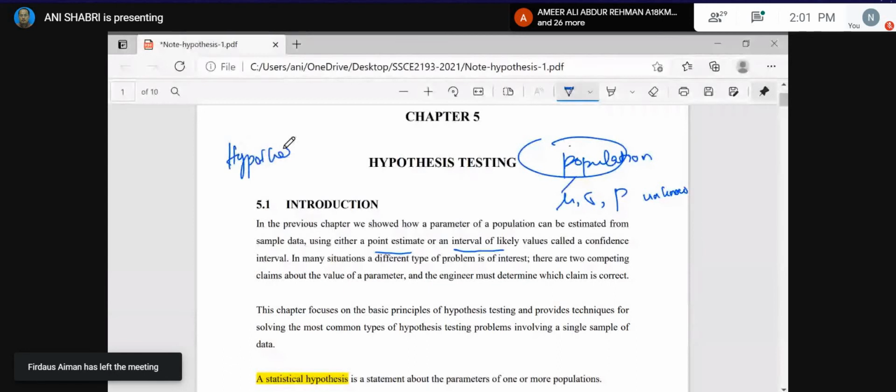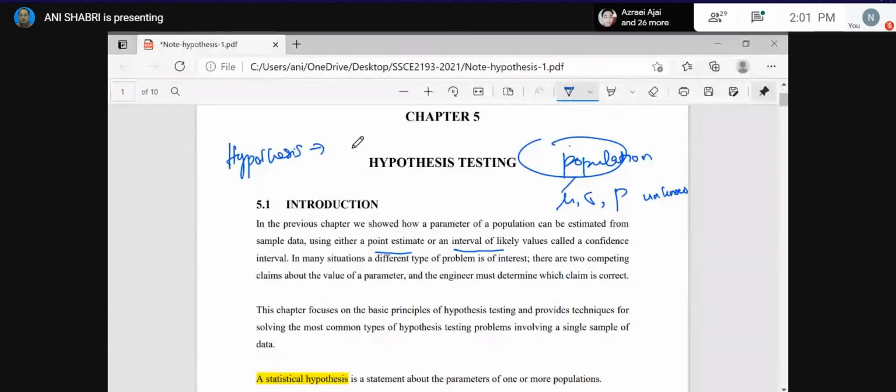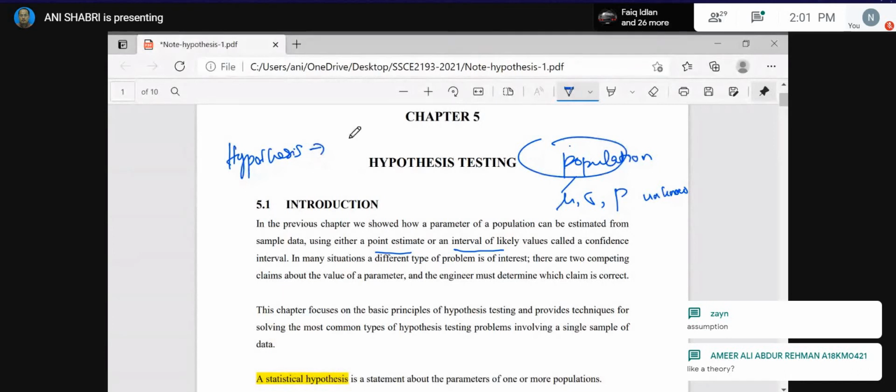No, hypothesis, not estimation. Estimation itu chapter 4 tu. This one is not hypothesis. Biasa kita dengar hypothesis. What is the hypothesis? Prediction. Okay, prediction.